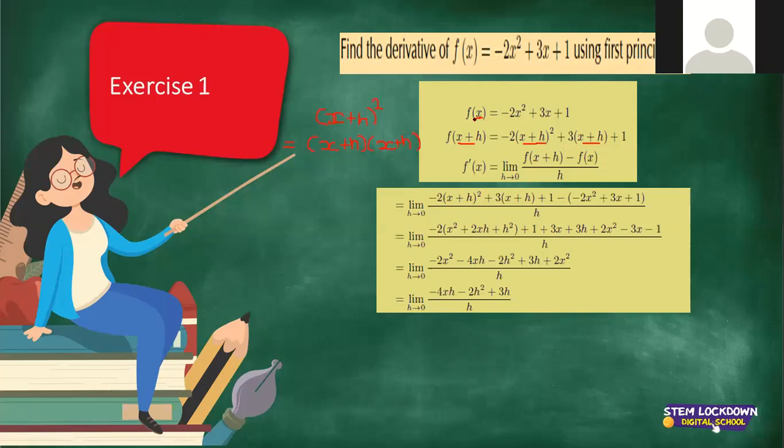So you identify your f of x, you also show your f of x plus h, and then you also write your notation. And then you can even simplify. Instead of simplifying in the equation, you can simplify here before writing your notation. Then you just show that now I have my -2 into x plus h squared.